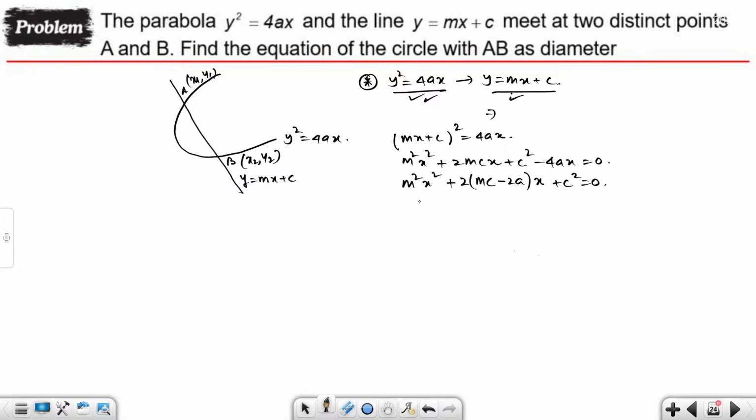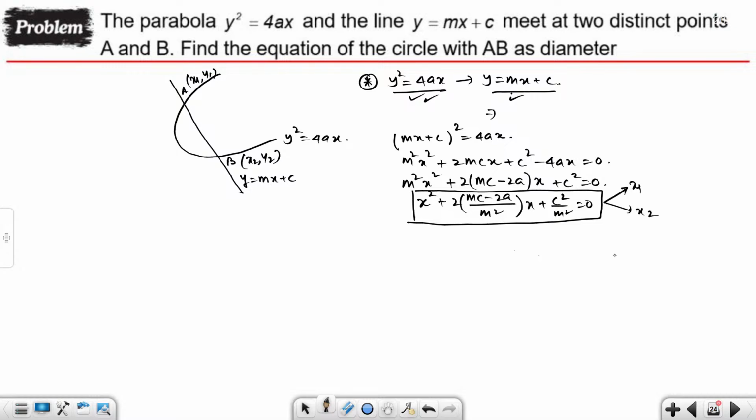Now divide by m square. Now I got this equation in x, yes or no? It's a quadratic equation in x. If I solve it, you are going to have two values, x1 and x2.